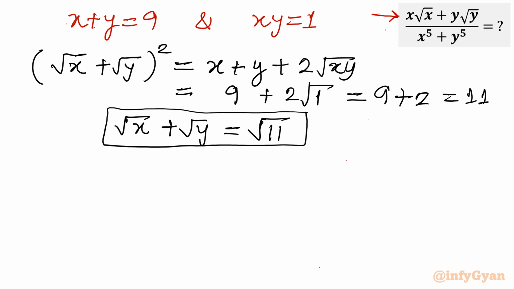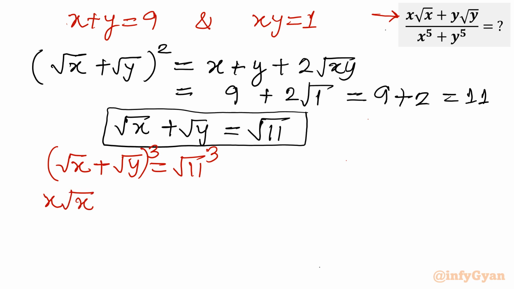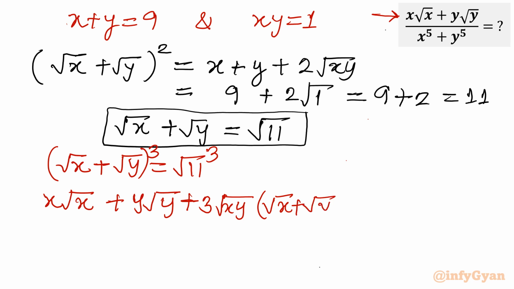Now I will consider the cube of this equation. Let us take root x plus root y equal to root 11 and take cubing. Left hand side, (a plus b) whole cube: a cube, that is root x cube, which is x root x, plus b cube, again y root y, plus 3 times ab, so root xy, in bracket a plus b, so root x plus root y.